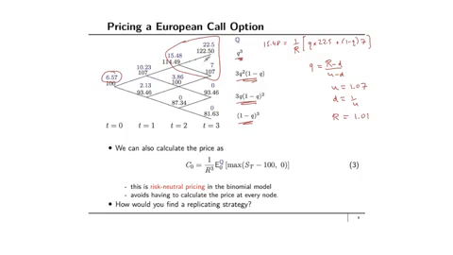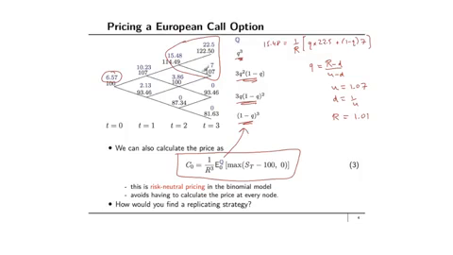So instead of doing a calculation coming back from t equals 3 to t equals 2 to t equals 1 to t equals 0, I can do it as just one calculation, where the call price at time 0, C0, equals 1 over R cubed. So this is our discount factor. It's cubed because there are 3 periods. And it's the expected payoff of the option, which is the maximum of ST minus 100 and 0, under these risk-neutral probabilities here. So I can do it in one shot.